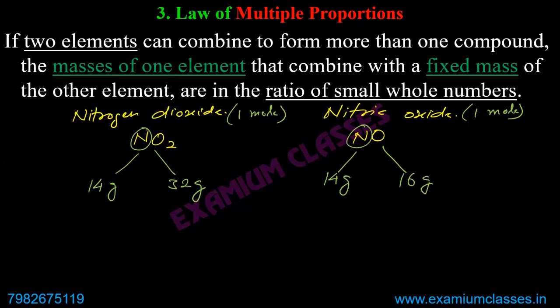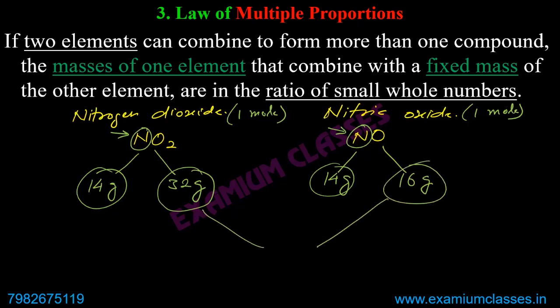This rule says that in such cases where two elements can combine, nitrogen and oxygen, for example, to form more than one compound, that is NO2 and NO, then if we keep the mass of one element constant, 14 gram, 14 gram, then the masses of the other elements will be in simple whole ratio. Simple whole ratio or a small whole ratio, same thing.